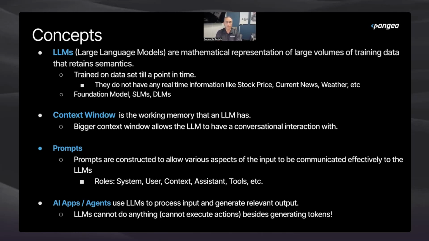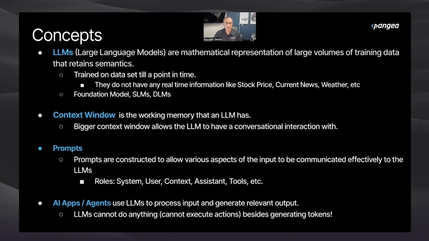Context window is really the working memory of an LLM, which allows the LLM to analyze more and more data as it tries to predict the next set of tokens or answer a user's question. The bigger the memory, the more it can look back and respond. And this is what really enables the LLM-based application to have a conversational experience.